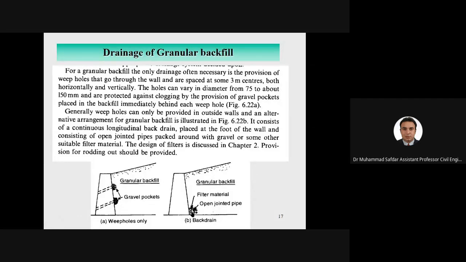Here we can clearly see open jointed pipes can also be provided, and no clogging should be done here. If it clogs, if it blocks, then the dissipation of excess pore water pressure won't occur, and that would significantly exert the hydrostatic forces onto the retaining wall.